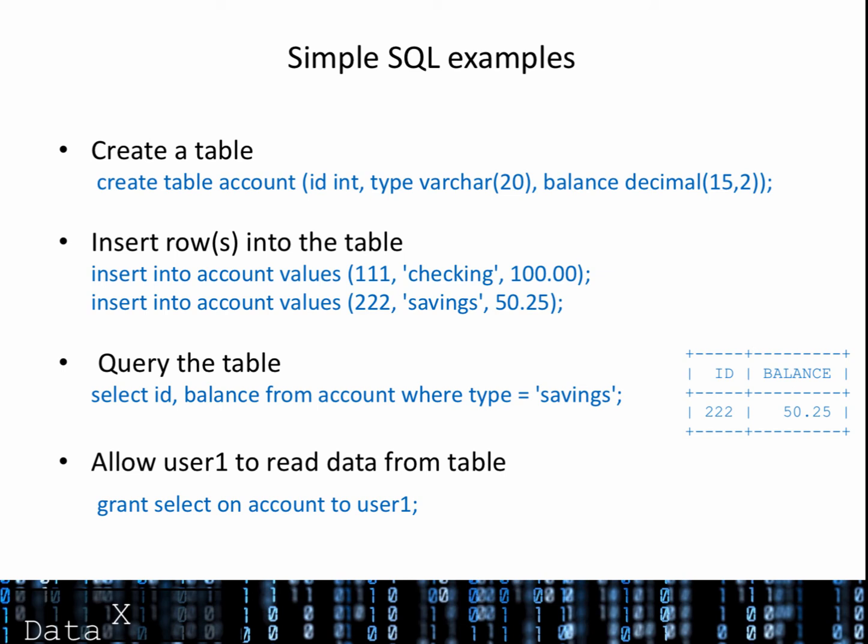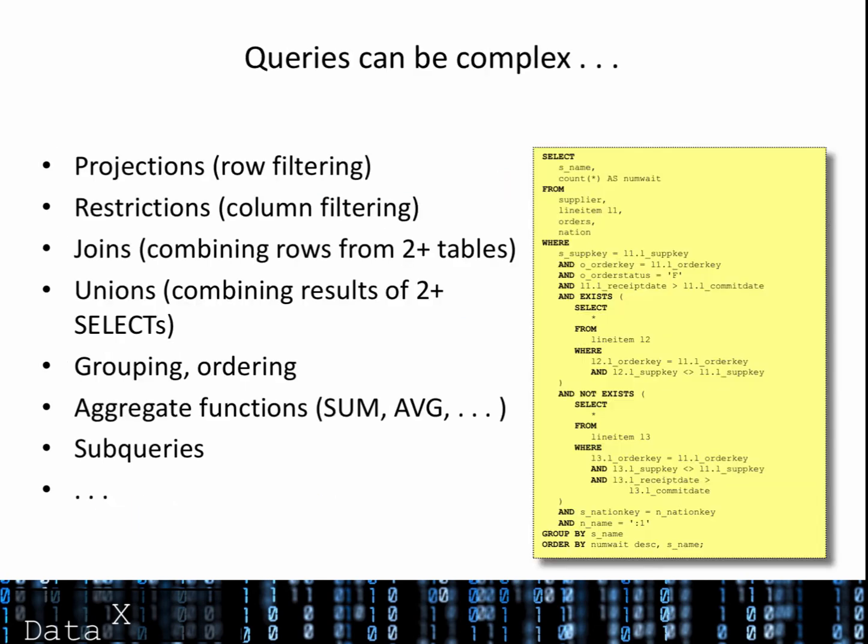If I were to execute this particular query against a system in which I've inserted the rows shown previously, I would get precisely 1 row back in my result set, as you see in the example on the right-hand side. In the final example, I'm showing you how I can grant permission to select or read data from my table to user 1.